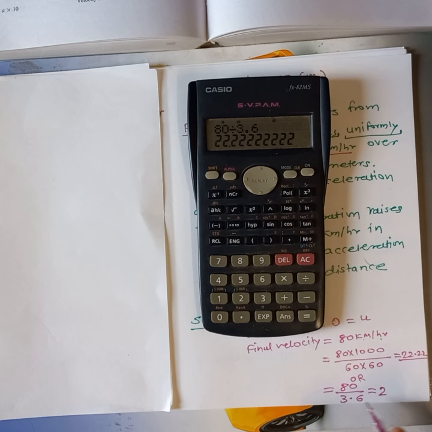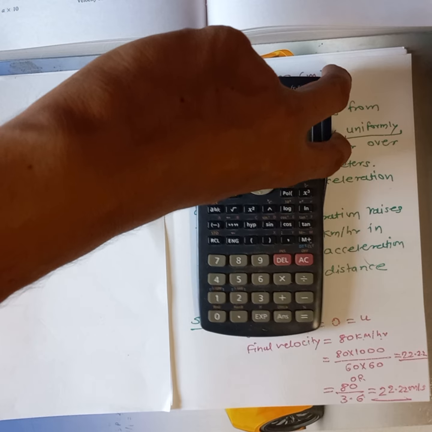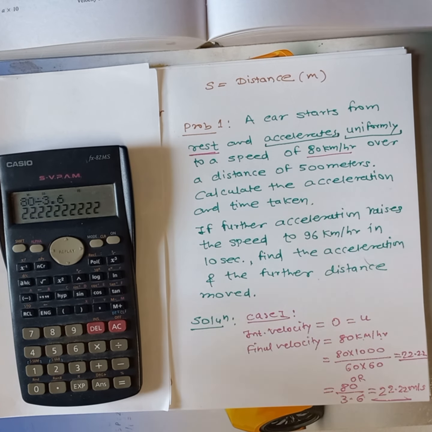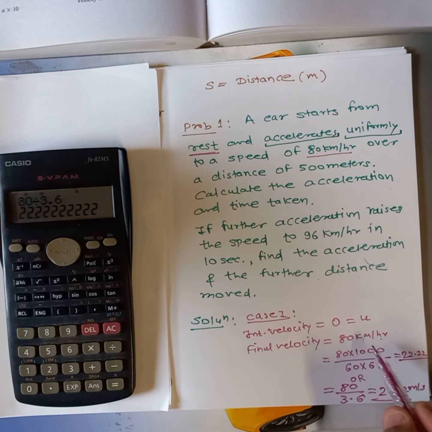So simply use 3.6 in the denominator and you will get the same, and you can save some time. So 80 divided by 3.6, or any value divided by 3.6, will give you velocity in meter per second. This is how you calculate the velocity in meter per second. Don't take the value of velocity in kilometer per hour. Don't make that mistake.